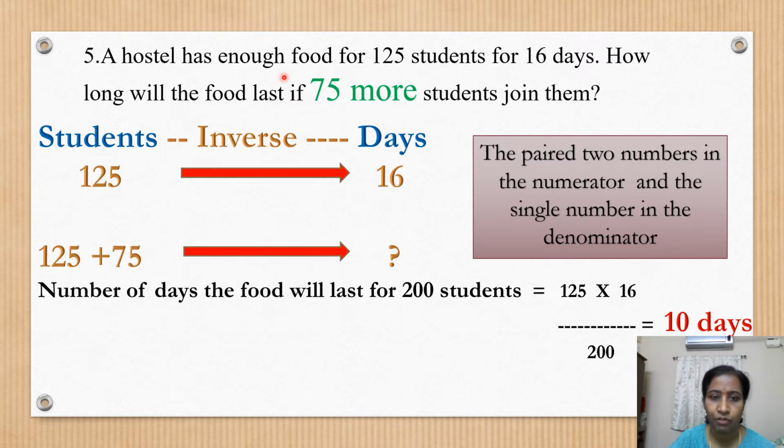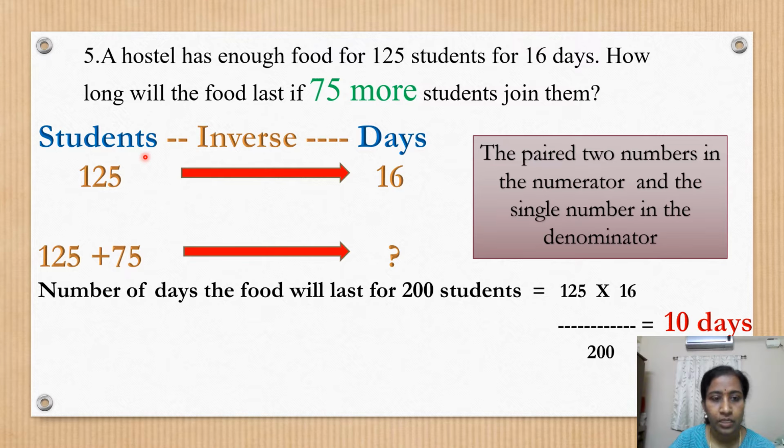A hostel has enough food for 125 students for 16 days. How long will the food last if 75 more students join them? Now you can see that I have highlighted the 75 more. These are the places where you will go wrong. So I'm just writing the two variables, students and days. 125 students and 16 days.